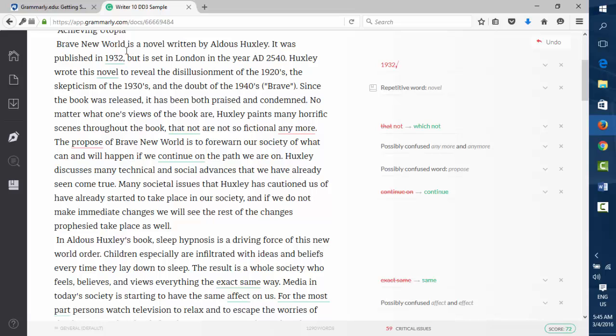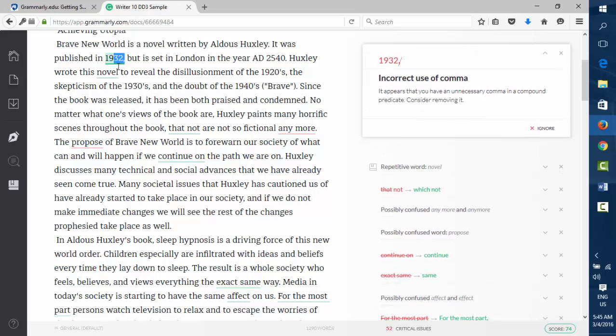Well, see, this is a stylistic choice. You could probably argue one way or the other, but because this is saying but, that's kind of like saying however. So this is more along the line that it appears that you have an unnecessary comma in a compound predicate.